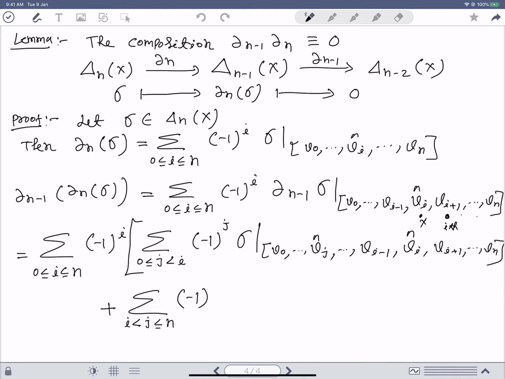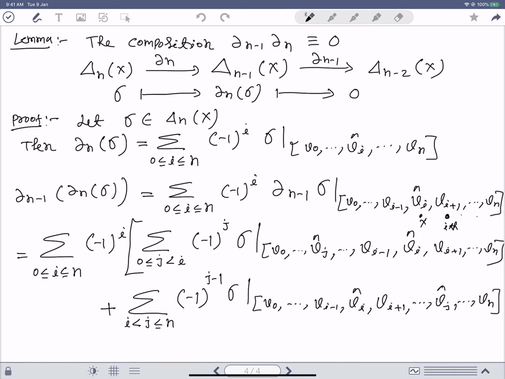So that means here we generally choose minus 1 to the power of the position, right? So the position will be j minus 1. So sigma restricted over v0 up to vi minus 1, vi cap, vi plus 1, then vj missing, up to vn.